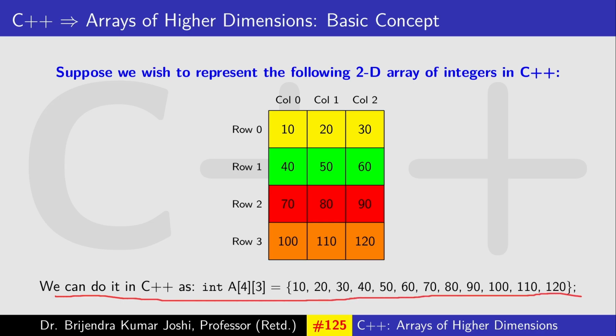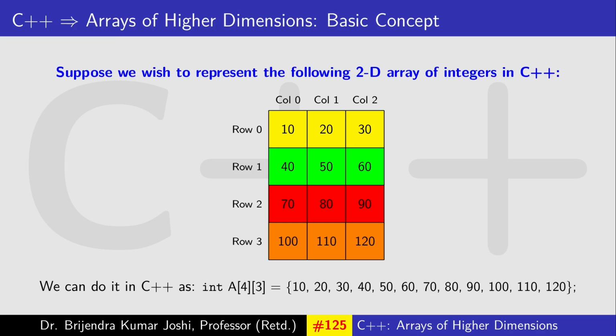Here I have declared an integer array named a of 4 rows and 3 columns. So there must be 12 elements. We can count from 10 up to and including 120. There are 12 elements.